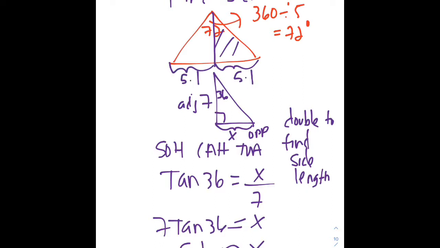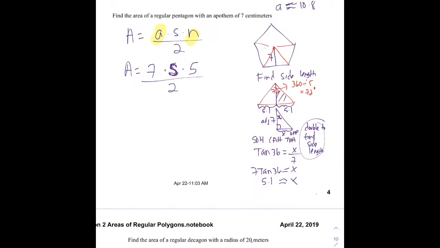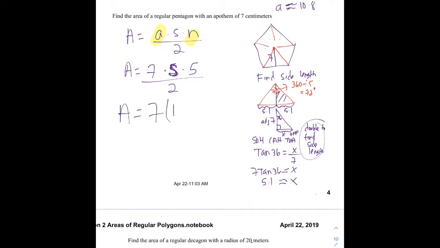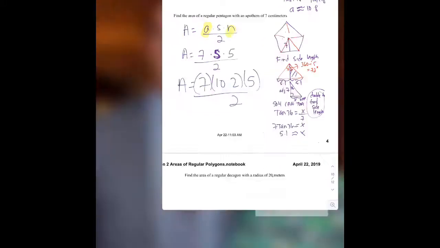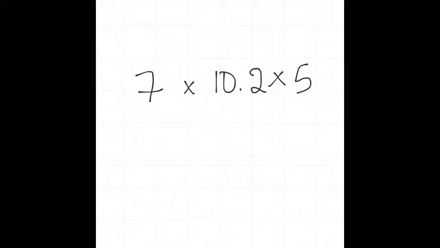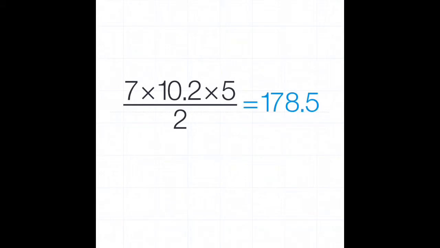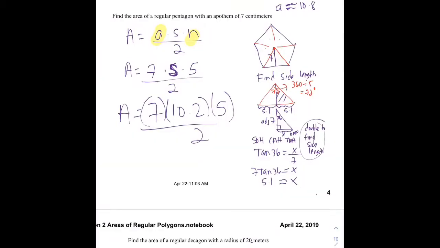This side is also 5.1, so when you double it, the total side length is going to be 10.2. So to find the total area, I'm going to take 7 times 10.2 times 5, divide that all by 2, and we get 178.5 square units.